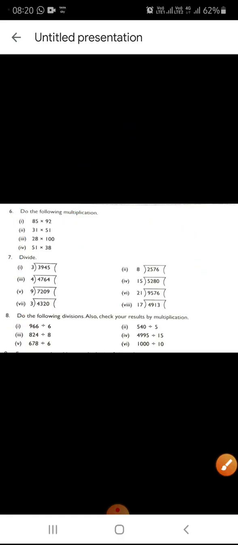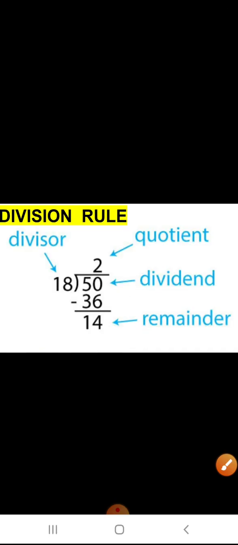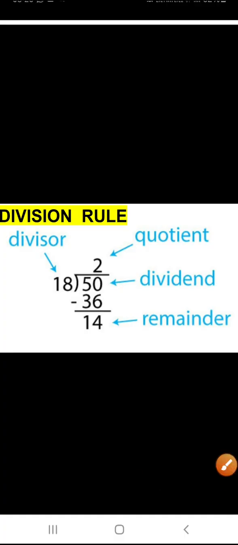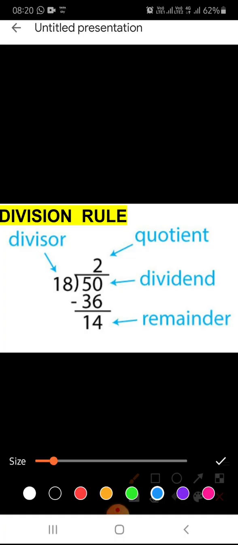This is given. So in question number 8 you have to perform the simple division rule.